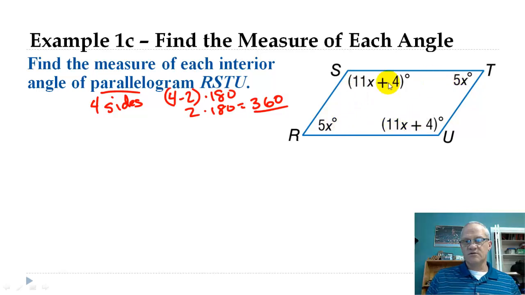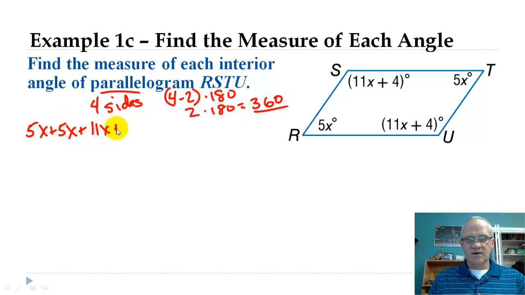So if I add all of these up, it will equal 360. So we just do the same thing like we did with a triangle, except make it equal to 360. So I'm going to add 5x plus 5x plus 11x plus 4 plus 11x plus 4. And that equals, this time, 360.